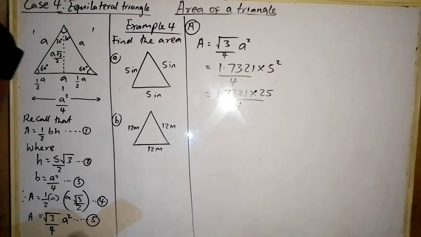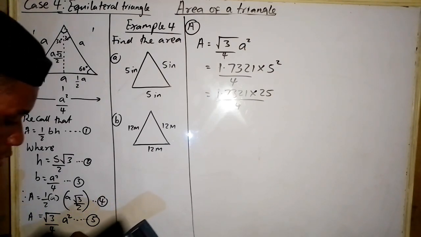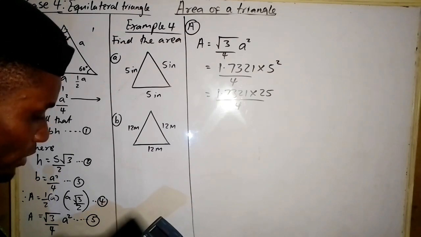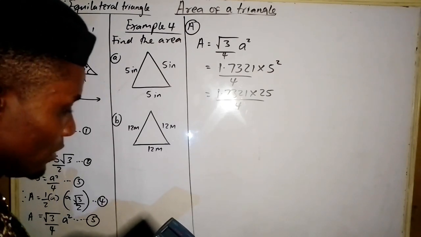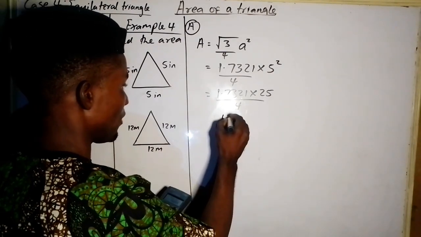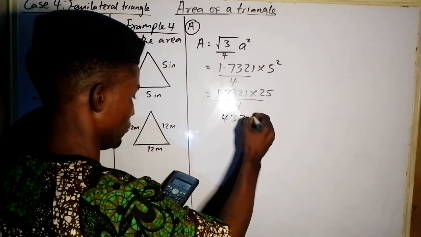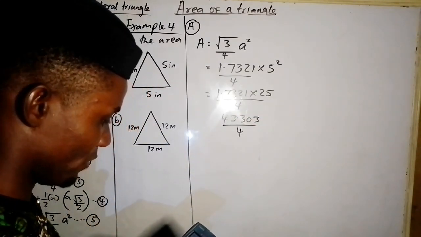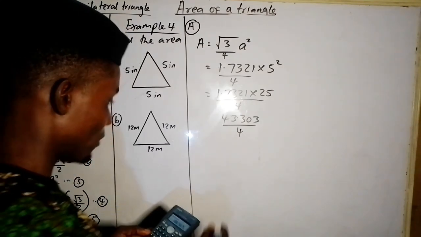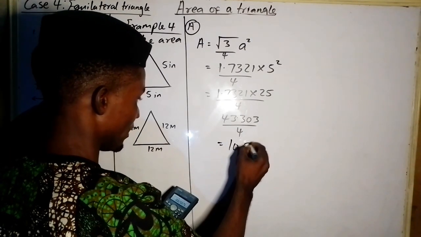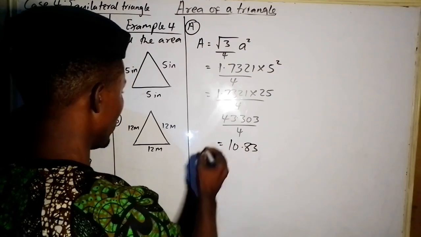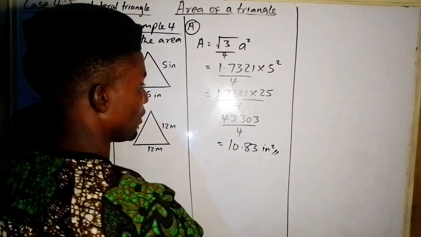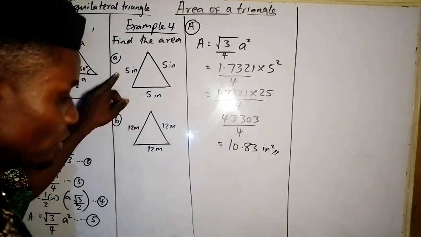So let me multiply this. 1.7321 times 25 is going to give us 43.303 divided by 4. Let's divide our answer by 4. So our final answer is going to be 10.83. 10.83 inches square. That is the area of this question given here.